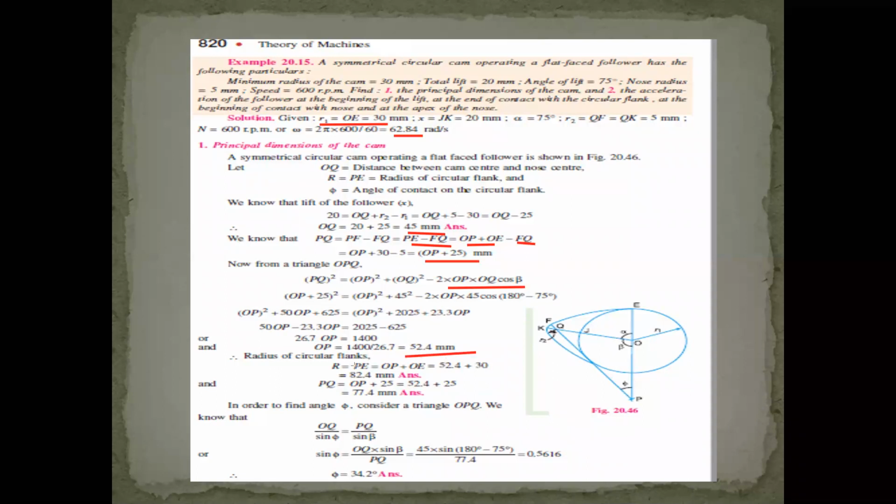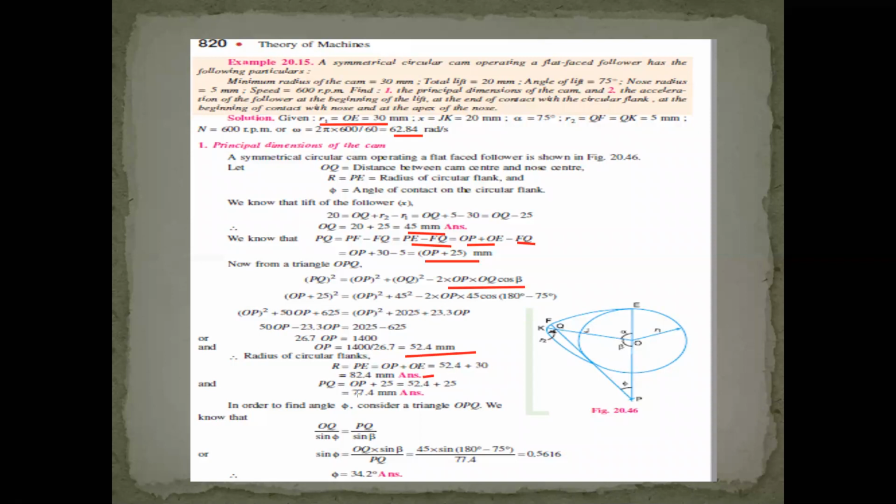Then the radius of the circular flank. When we find OP, we can find capital R. Capital R equals PE, which is OP plus OE. The OP value is 52.4 and OE is 30, so that is 82.4 mm. So capital R is 82.4 mm.